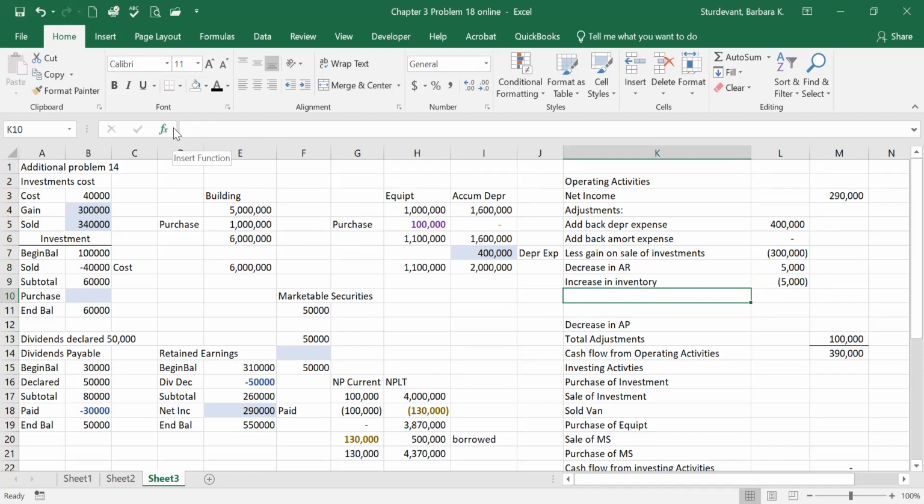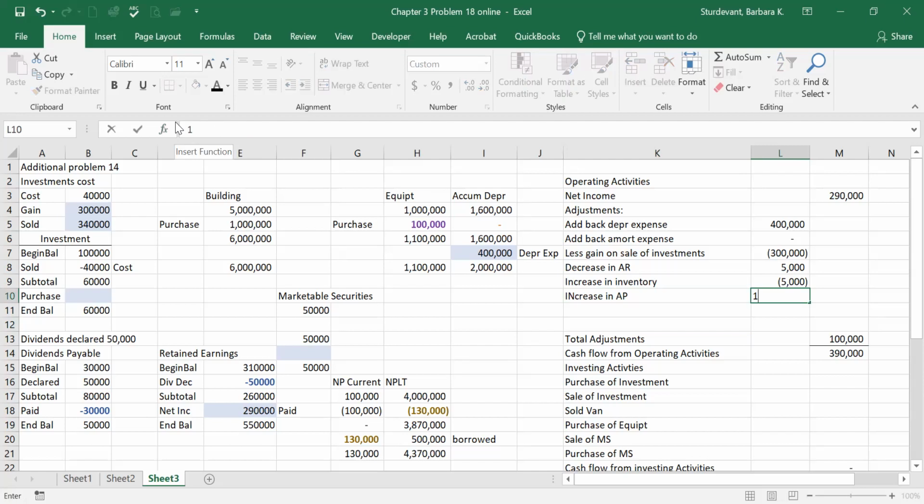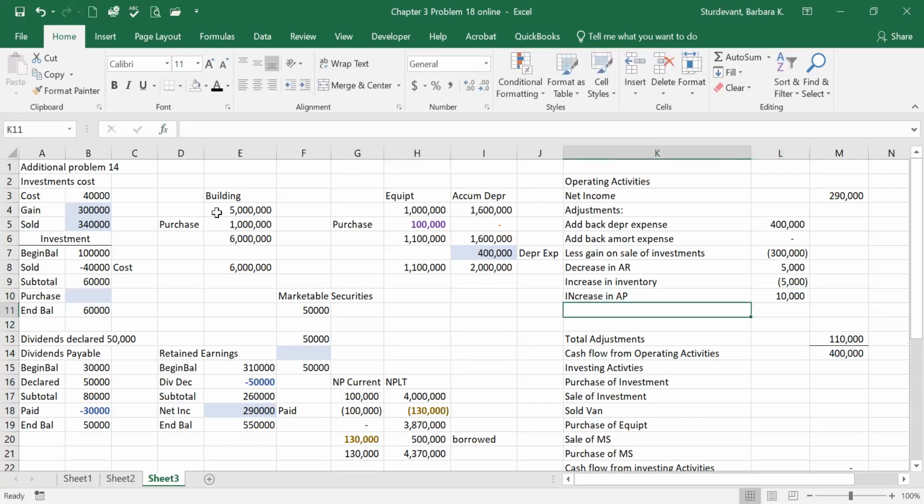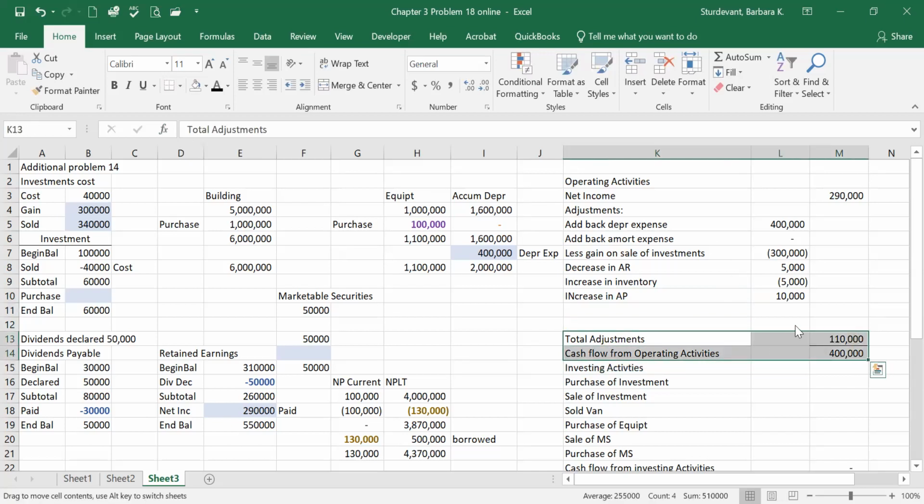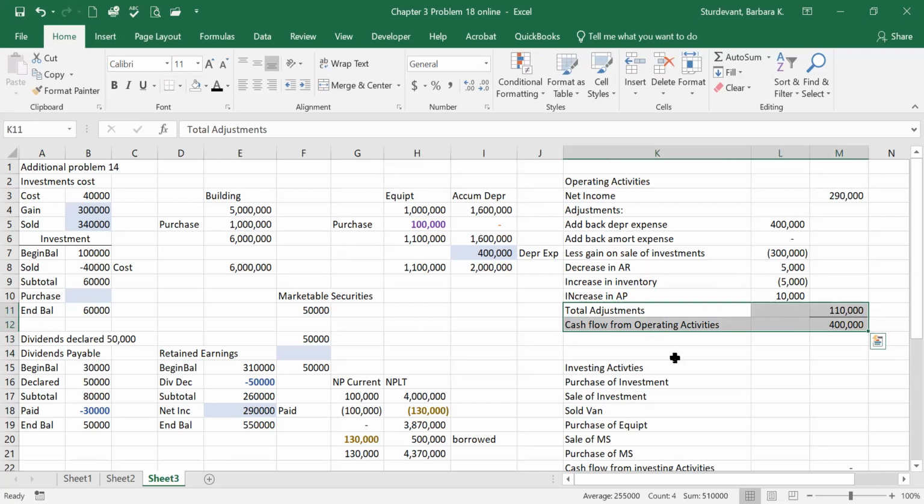What happened in accounts payable? Accounts payable went up by $10,000. And so what does that do to cash flow? It's an increase of $10,000. All right, questions?